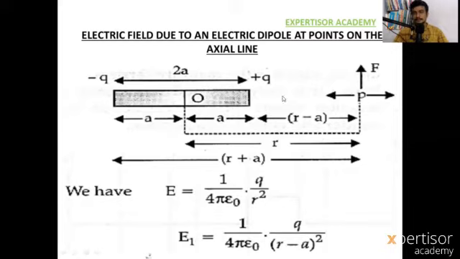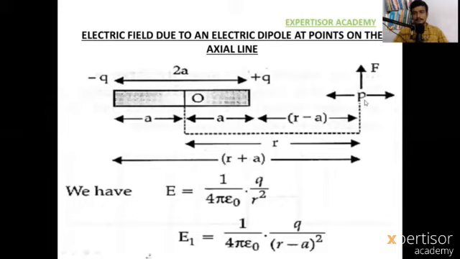And next, there is a point P at distance r. That means from O, the origin point of the dipole, to the point P, the distance is r.